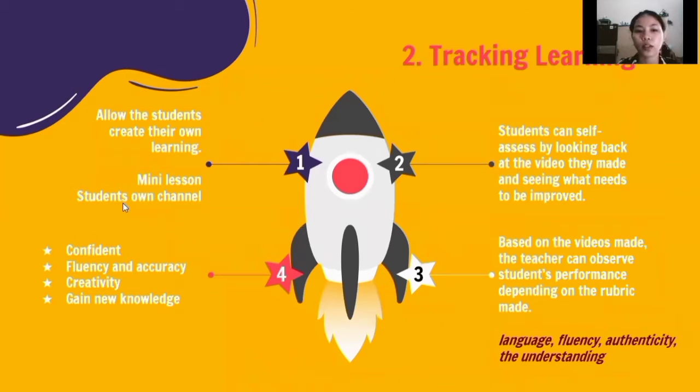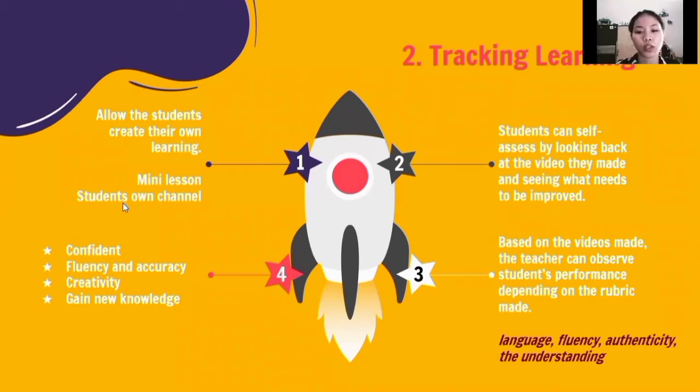Next, about tracking learning. In tracking learning, it allows the student to create their own learning, like mini lessons and a student's own channel. Students can also self-assess by looking back at the videos they made before and seeing which parts they need to correct or still need to improve.